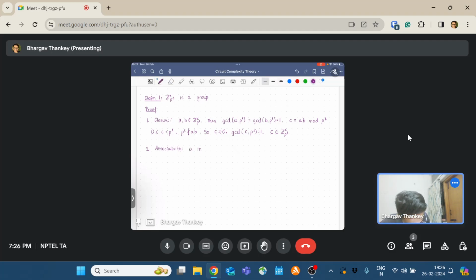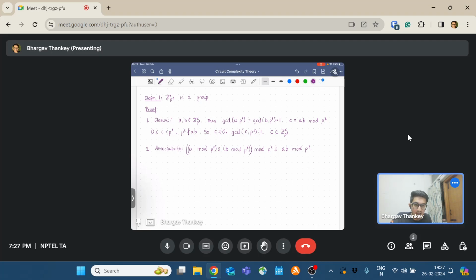A mod P to the L times B mod P to the L, whole mod P to the L. So we know this is true, right?